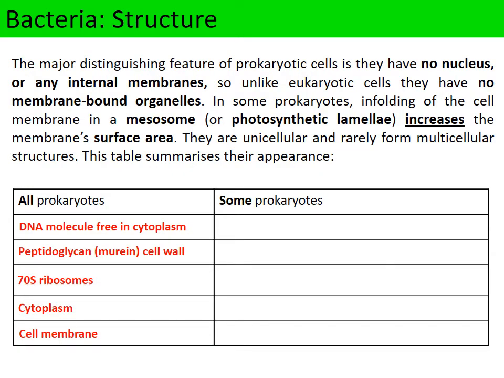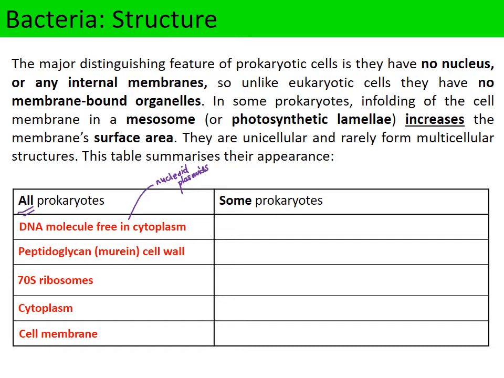So we can quickly summarize some of the main features of all prokaryotic cells. Now, we know DNA is free in the cytoplasm, and that is either the nucleoid or the plasmids. They also have a peptidoglycan cell wall, and it can either be gram-positive or gram-negative, that we're going to talk about in a minute.